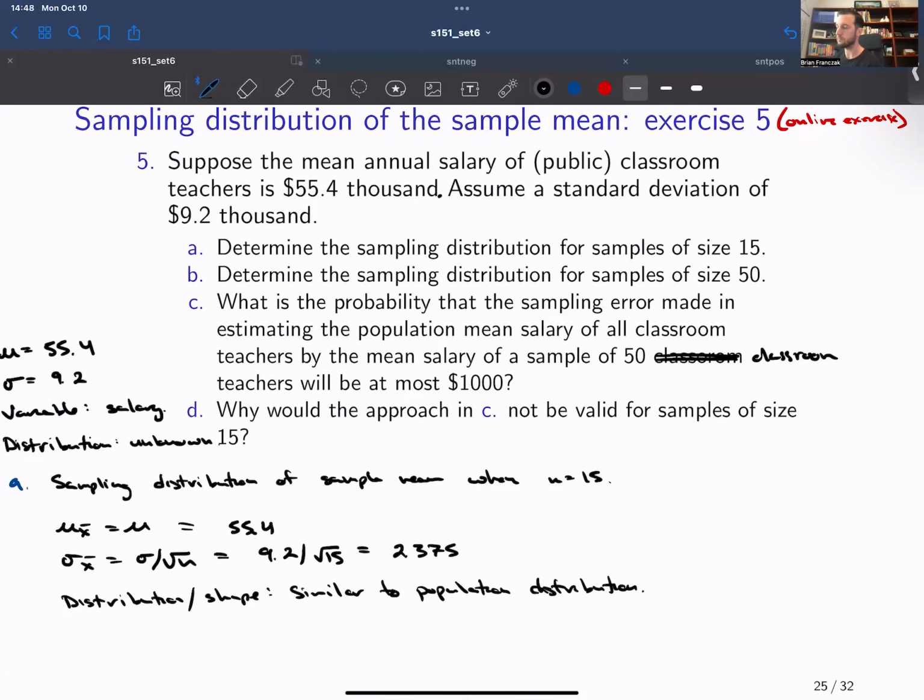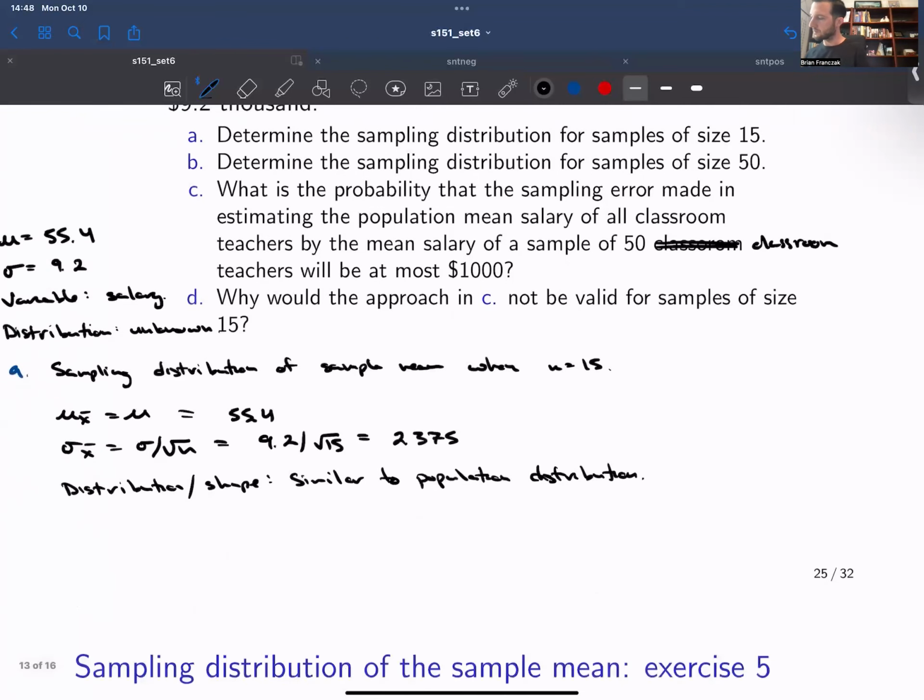So when we're asked to determine or describe the sampling distribution of the sample mean, we want mu x bar, the mean, sigma x bar, the standard deviation, and the shape. In many cases, we won't be able to tell the shape unless we know what the population distribution is, or if we have enough information that we can apply the central limit theorem.